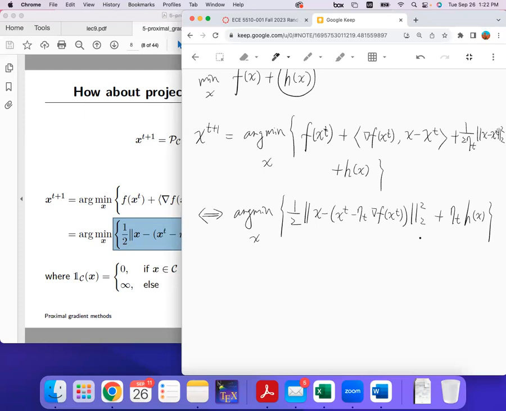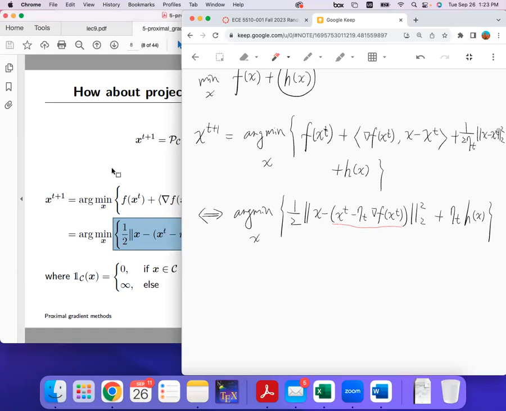And by definition, look at this part. Inside this point is the gradient descent step, right? If you view it as a single point, then look at this optimization problem. It's 1/2 x minus something to the power of 2 plus another function.